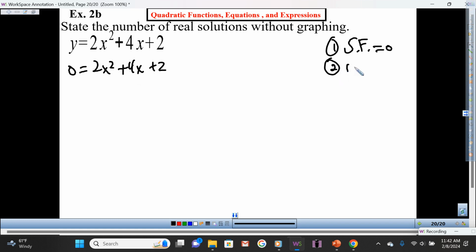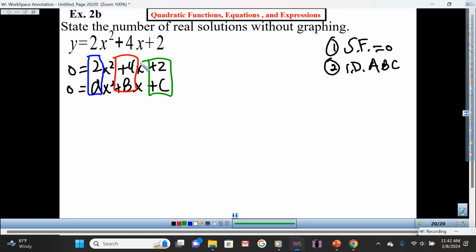Step 2, identify A, B, and C. You write your standard form underneath: AX squared plus BX plus C equals 0. You guys remember this from the quadratic formula? So, what is A, everyone? 2. What is B? 4. And what is C? 2. Okay, so we got those.